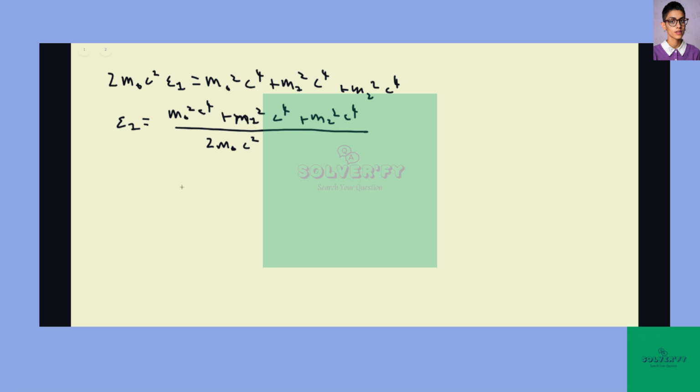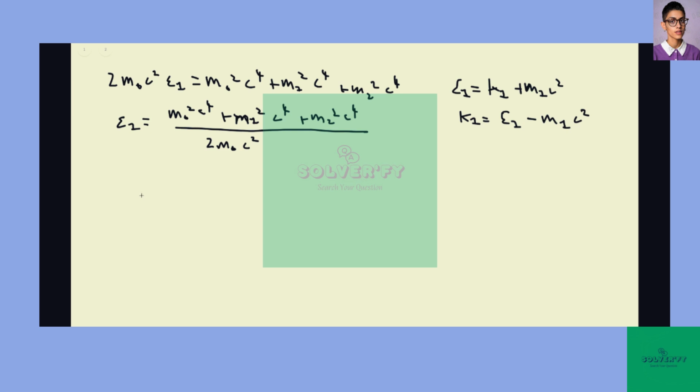Now, from the kinetic energy, E1 is equal to K1 plus M1 C squared, and K1 is equal to E1 minus M1 C squared, and we want to solve for the kinetic energy K1.